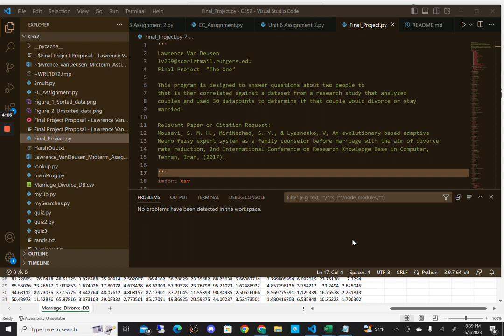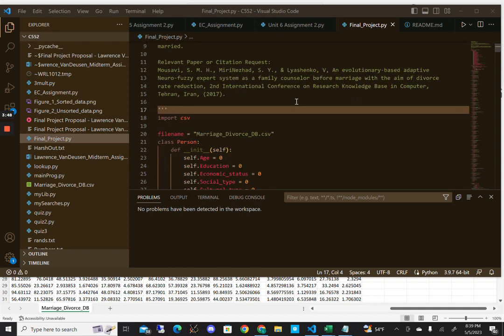So this is my program, and I am no data scientist, and this was probably in hindsight much more complex than I had initially thought. I tried to build a data structure that would allow me to then analyze against that database, the data set.